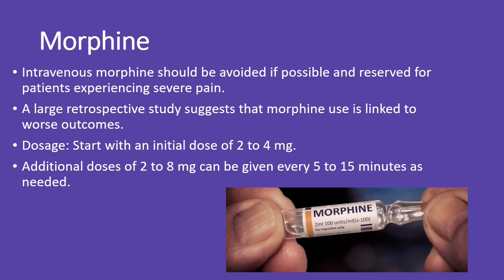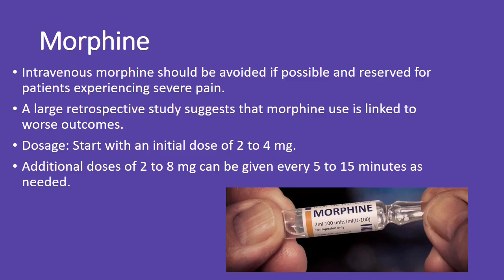When it comes to morphine, IV morphine is always reserved for the patient experiencing very severe pain. Normal morphine dosage starts with a 2 to 4 milligram initial dose, followed by 2 to 8 milligrams every 5 to 15 minutes.